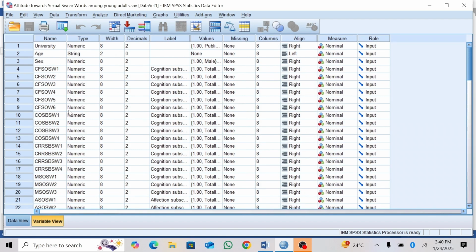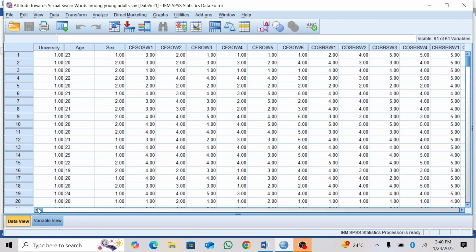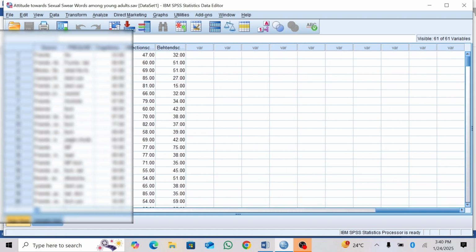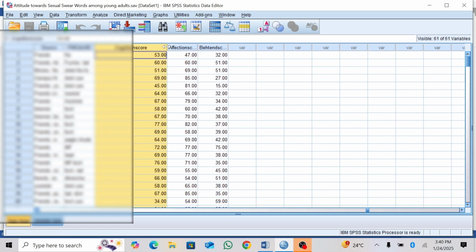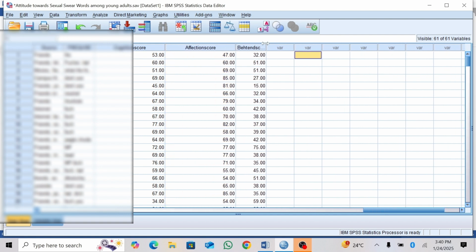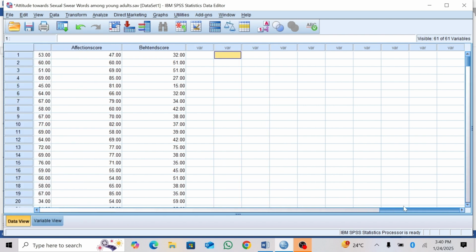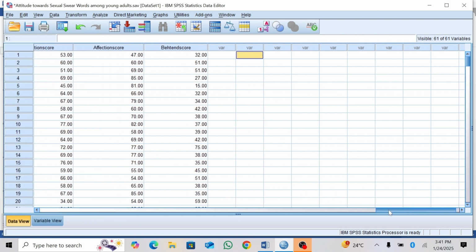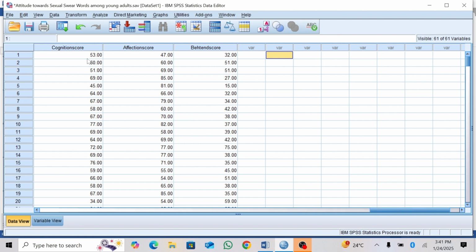Here is my sum of variables. Here are the three separate variables. These are the dependent variables of my research questions: cognition score, affection score, and behavior tendency score.